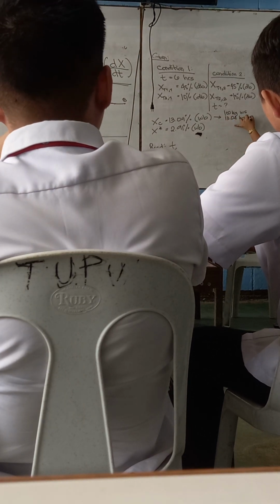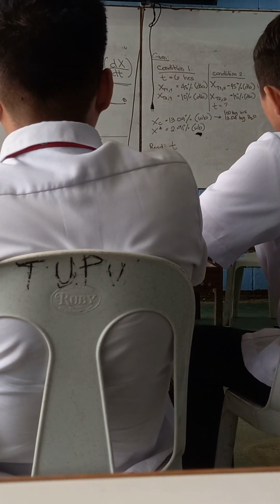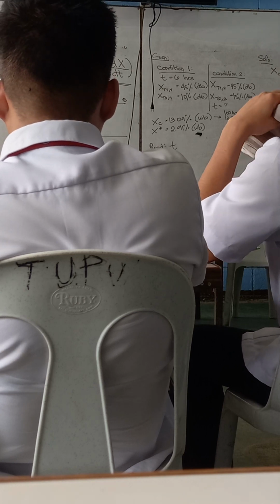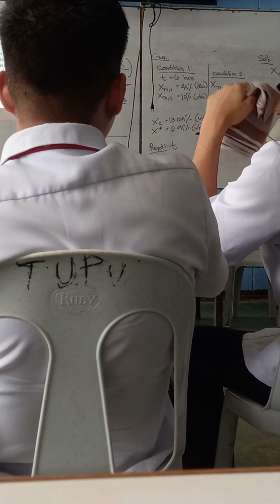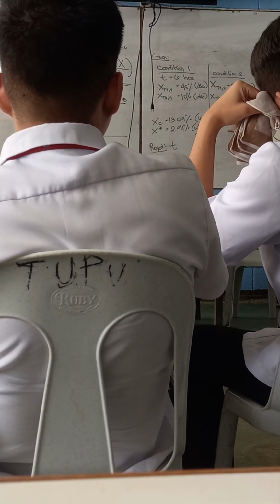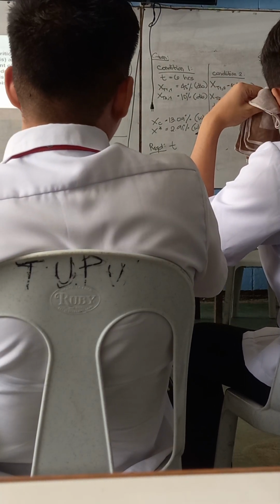13.04 kilograms of water. How much is the dry solid? 86.96 kilograms of dry solid.